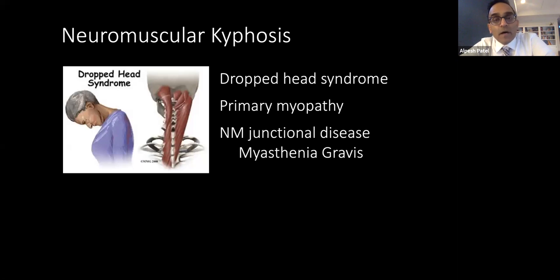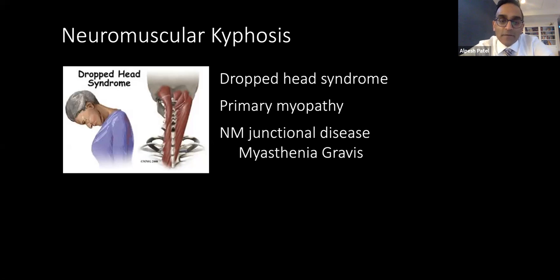The second most common reason that we see people with deformities would be some type of underlying neuromuscular condition. And oftentimes these patients don't have a firm diagnosis when they see you, right? In the neurology literature, this is called dropped head syndrome, which I think is very apropos. It's pretty easy to describe, and it's kind of what's happening.